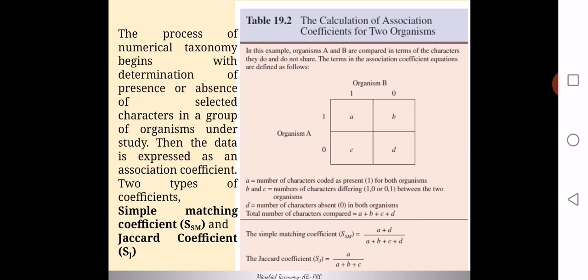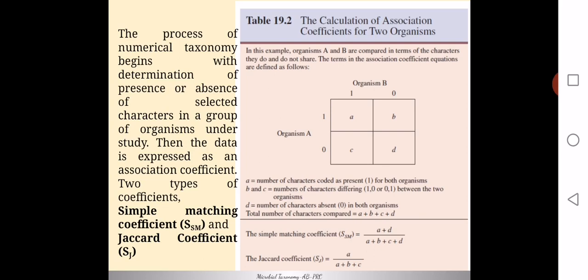So what we actually do is compare all 50 characteristics, and we will say that character 1 is present in organism B and absent in organism A, and character 2 is absent in organism B and present in organism A, and so on.